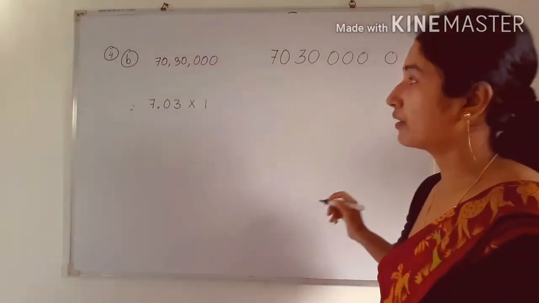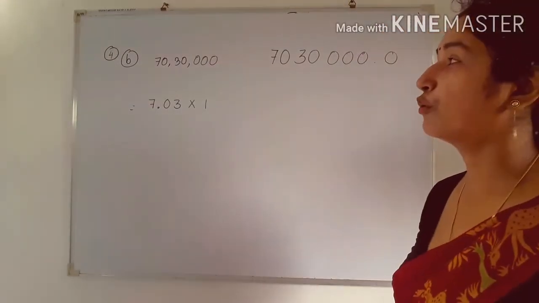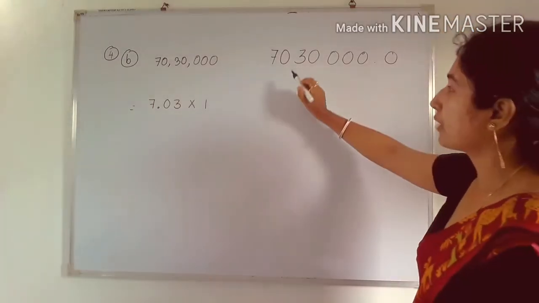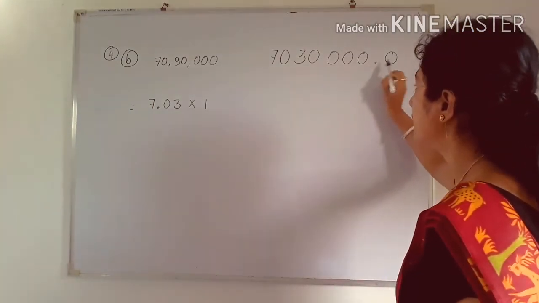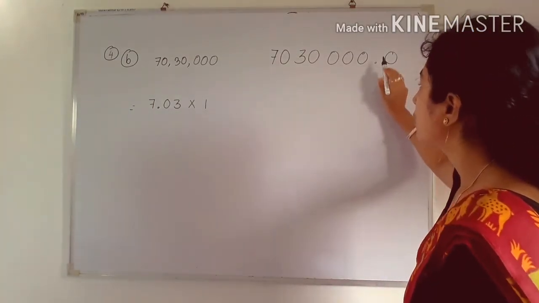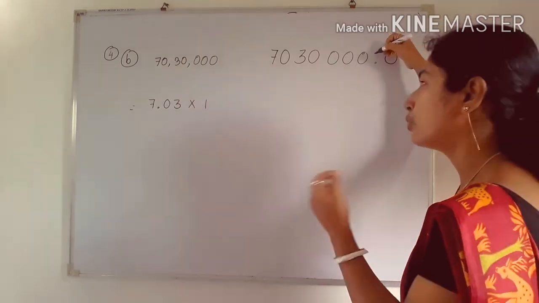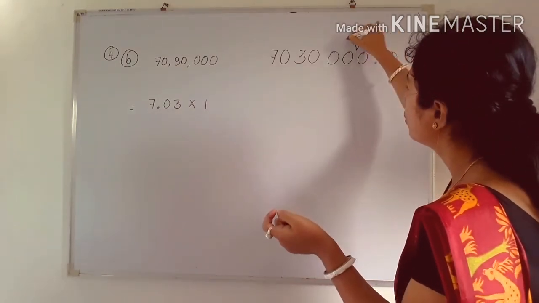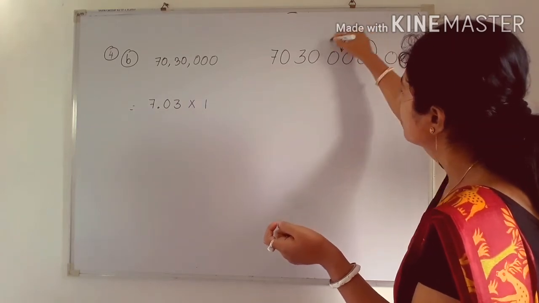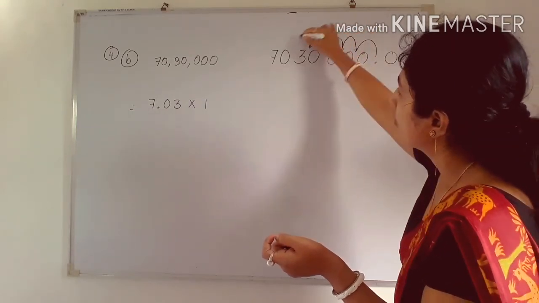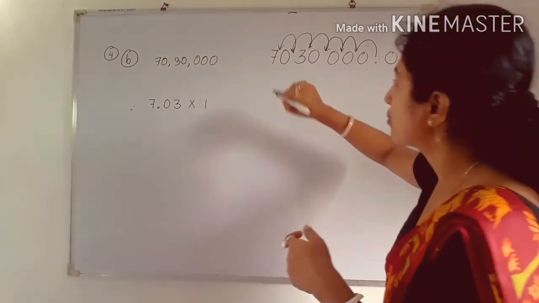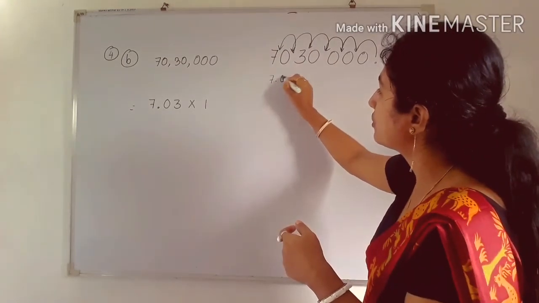Okay, so let us do some more questions from the exercise. I'm doing question number 4b from the chapter checkup. This number can be written as like this, point then 0. I have to shift the decimal towards the left side. Again, 1, 2, 3, 4, 5, 6. That means I have to go 6 places. So the number will become 7.03.